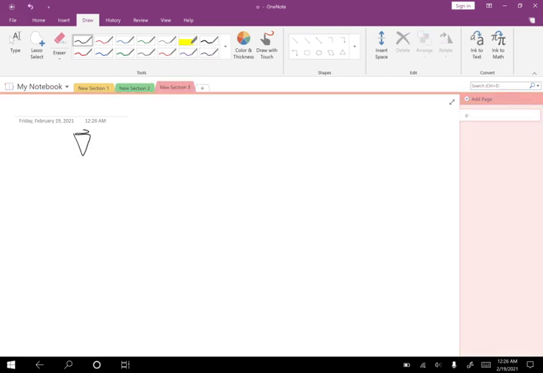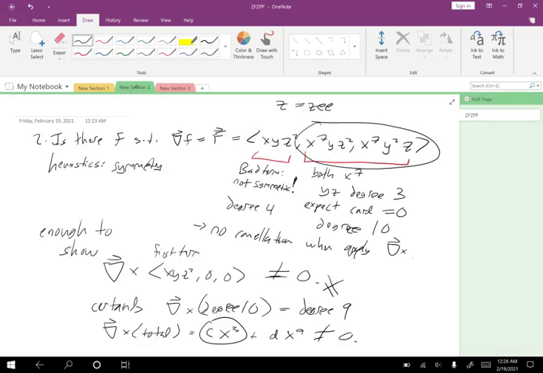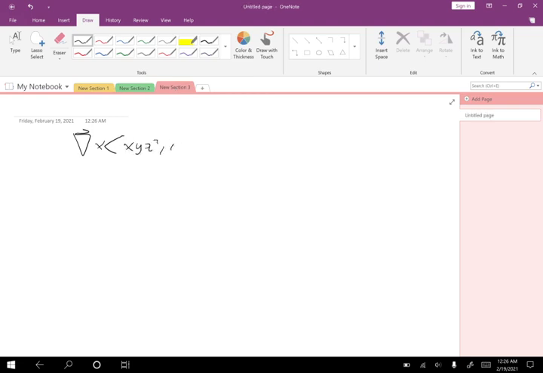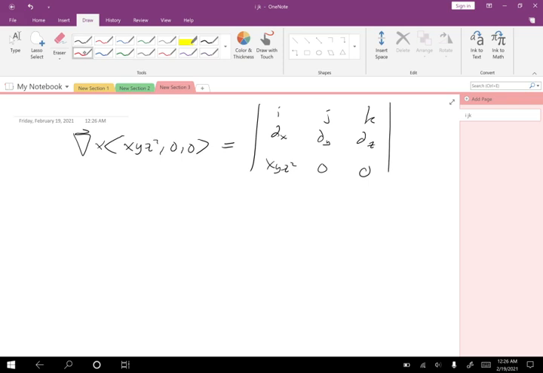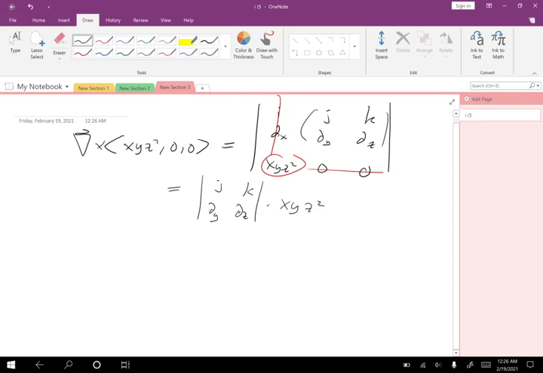So let's do that. The curl of xyz squared, 0, 0. Let's just do the determinant: i, j, k, d dx, d dy, d dz, x y z squared, 0, 0. I'm going to expand along this cofactor, which means I'll delete the rows and columns associated with it, so we end up with just this determinant: j, k, d dy, d dz, times xyz squared.